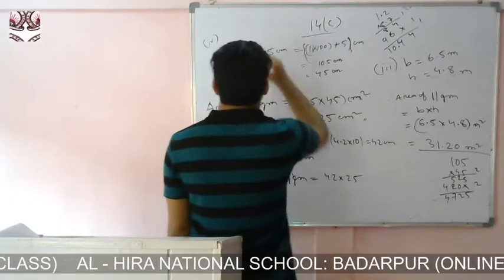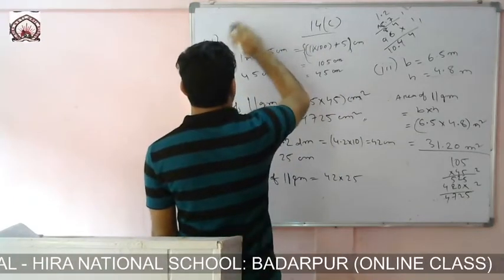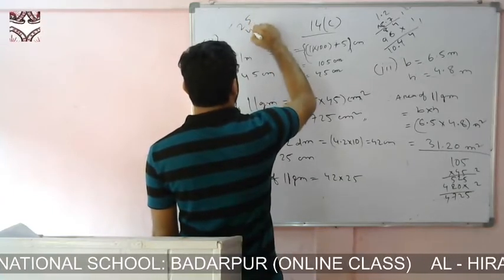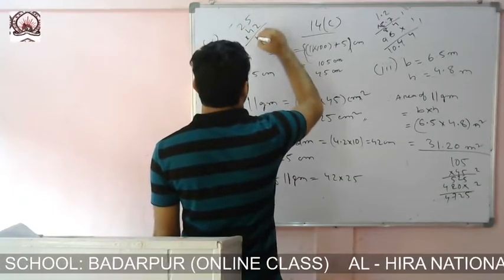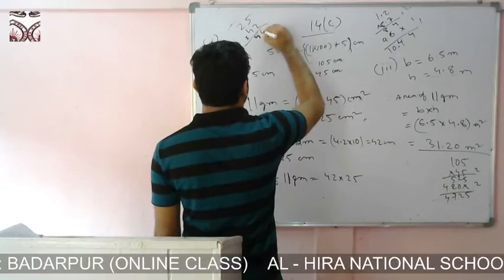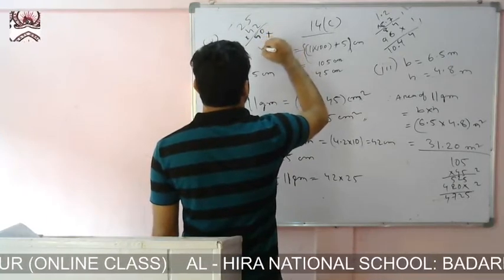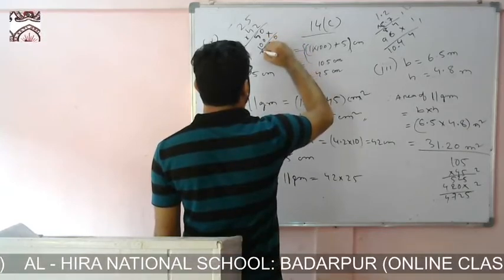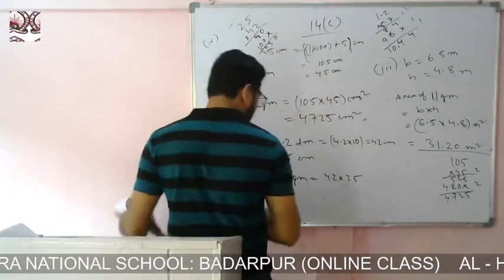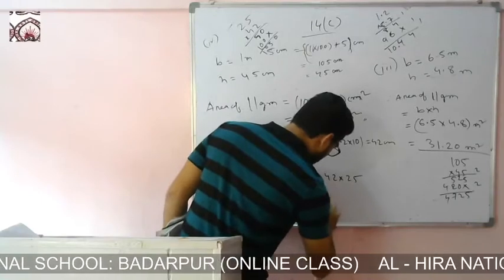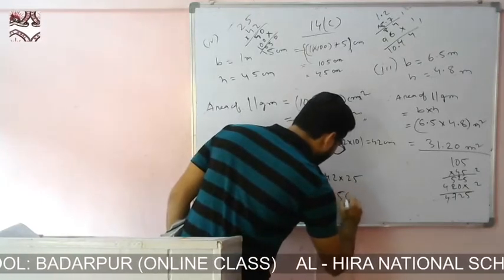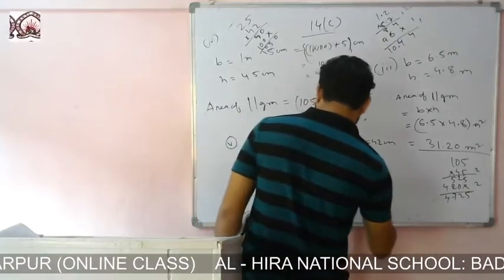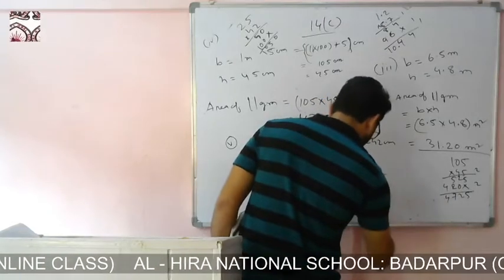Okay, 42 into 25 is 1050. So 1050 centimeter square.